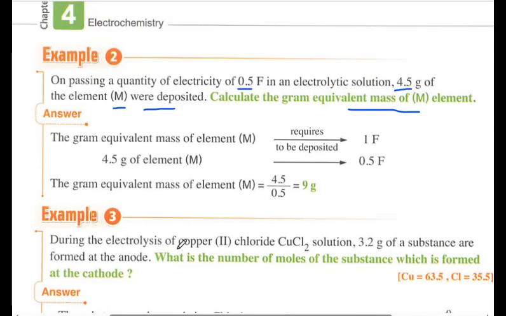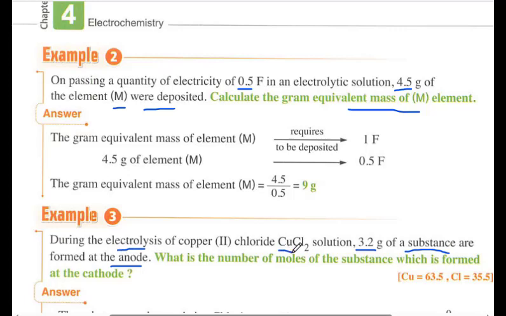During electrolysis of copper(II) chloride solution, 3.2 grams of a substance are formed at the anode. What is the number of moles of substance formed at the cathode? Here 3.2 grams of a certain substance are formed at the anode. The anode is the positive electrode, so it attracts the negative ions, the anions.